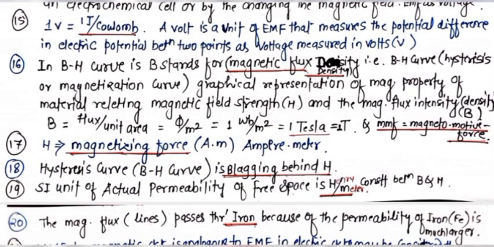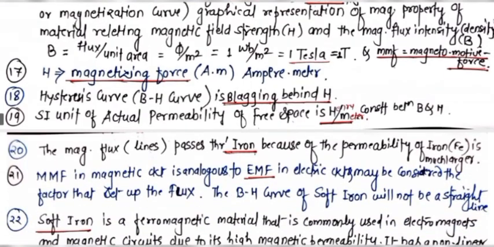In BH curves, B stands for magnetic flux density. The BH curve, hysteresis or magnetization curve, is a graphical representation of the magnetic property of a material relating magnetic field strength H and the magnetic flux density, that is B. B is equal to flux per unit area, that is phi per meter square, and 1 Weber per meter square is equal to 1 Tesla.